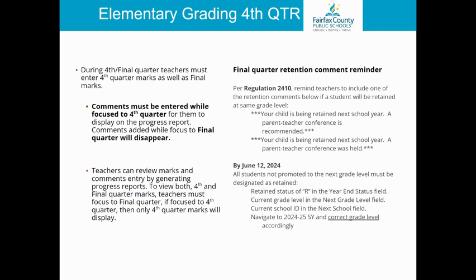If that is what happens after June 12th, you need to follow the steps that we have here, which are students that are not promoted to the next grade level need to be set to retained for the end of year status field, and then going into school year 24-25, they need to have the correct grade level assigned.